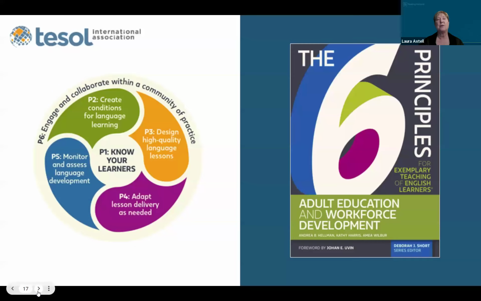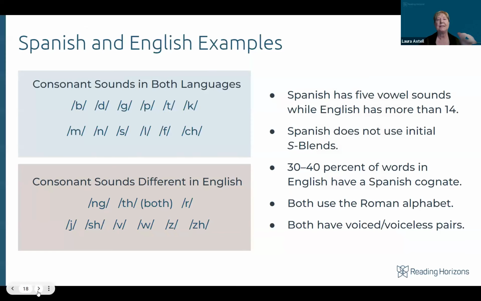And of course, all of the other things: getting high quality language lessons, adapting our lessons as we need to, creating a community that's safe and comfortable for students, because it's very, very challenging for many of our students when they're coming to a whole new country with a new culture, as you know. I'm not telling you anything you probably don't already know.